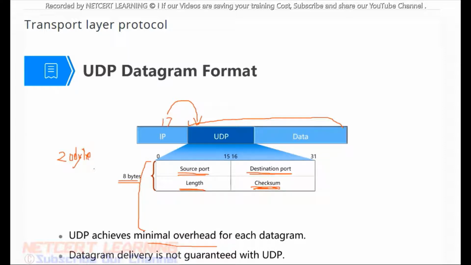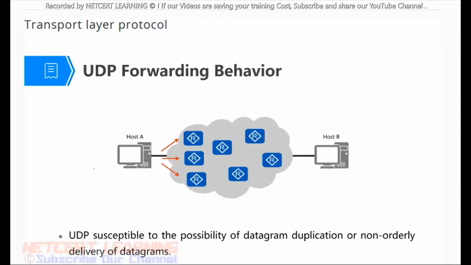But of course, with UDP there's no connection. So when a packet is lost between the source and the destination, UDP will not recover. And not only recover, UDP doesn't even know if a packet is destroyed when sending from source to the destination.